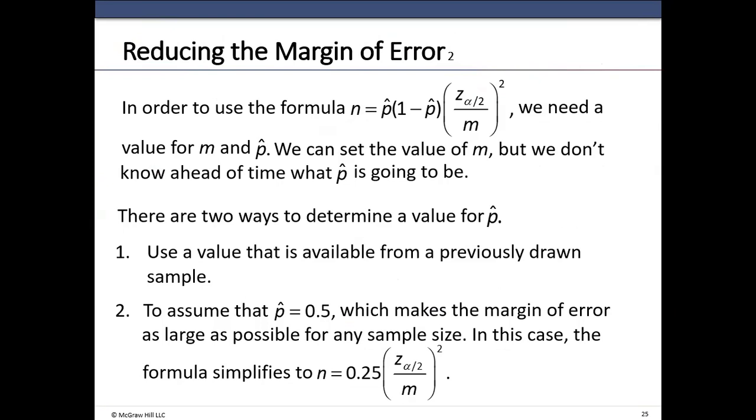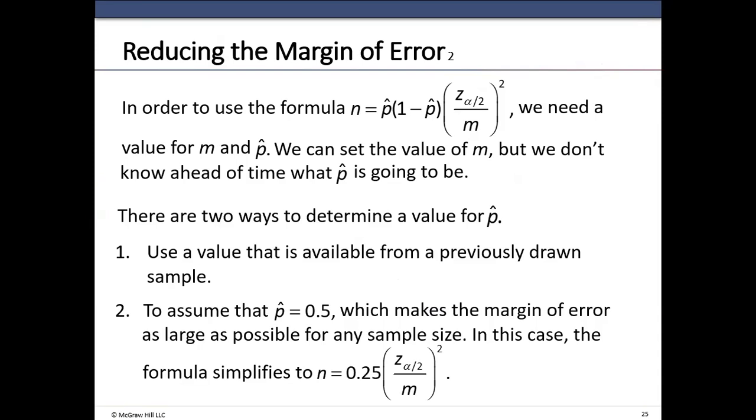I'll first type in the value of p hat, which is 0.17, then left parenthesis, 1 minus 0.17, right parenthesis. Notice I did not type 0.17 times. I just put the left parenthesis, 1 minus 0.17, right parenthesis, then again the left parenthesis.